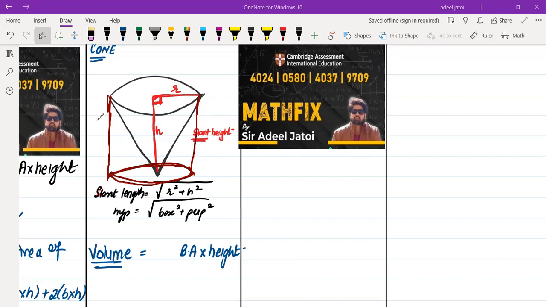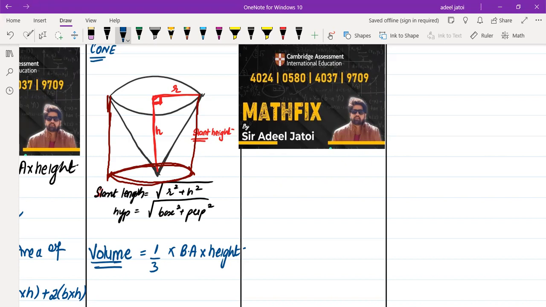So when the cone is 1/3 of the cylinder, we make sure that we multiply your base area into height with 1/3. Whenever you have an incline of such things, we use 1/3 so that your incline is taken into consideration.